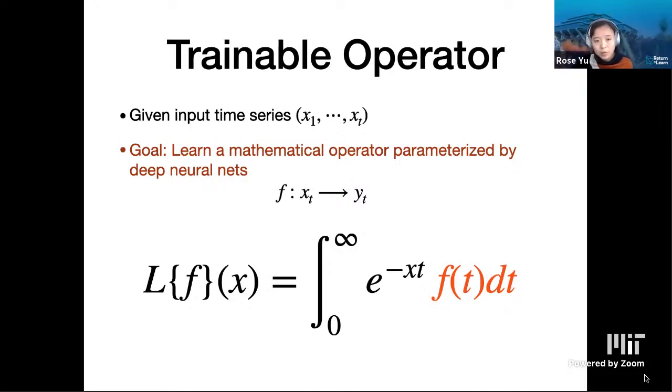Then the idea of trainable operator is that, instead of manually designing this function f of t, we can just use a deep learning model to approximate this operator and then use the coefficients to decide how we compute this operator. It gives much more flexibility of the mathematical operator while adhering to the original principles of this operator. So that's the idea of trainable operator. And this f of t can be fully parameterized as weights in the neural network.